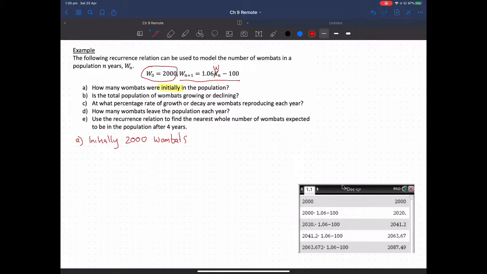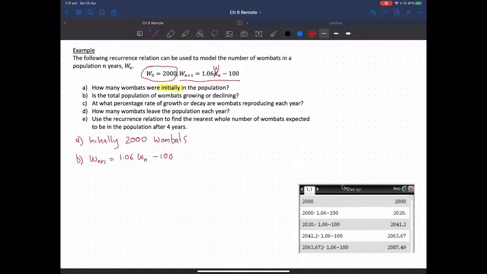Part B, it says, is the total population increasing or decreasing? So we need to consider that. If we look at our formula for the wombats, W n+1 equals 1.06 Wn minus 100.